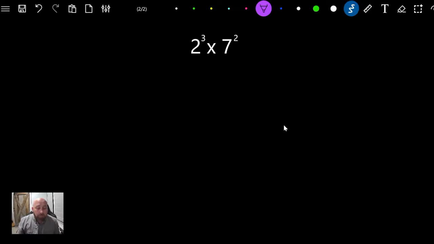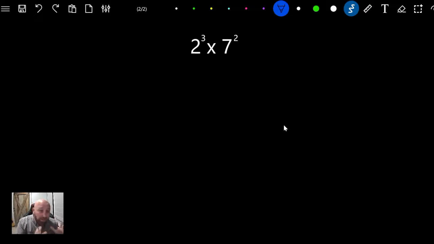Okay? All right. So now let's say that we have this. This is what our problem is. We have to solve this: 2 cubed times 7 squared. 2 cubed times 7 squared. How do I solve that? The easiest way is with a calculator, right? But you can't use a calculator, all right?